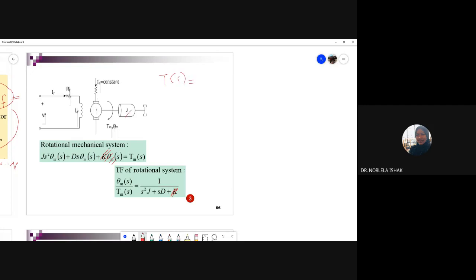They have inertia and a damper. The impedance for inertia is Js squared, plus the impedance for the damper is Ds, and they are related to the angular displacement. So this is our output and this is our input.